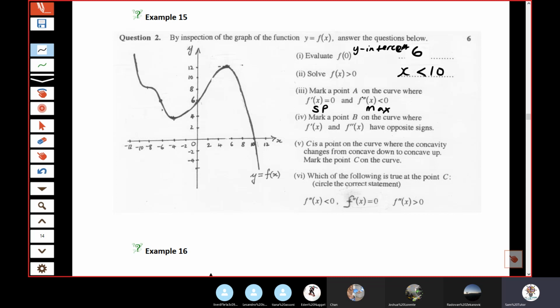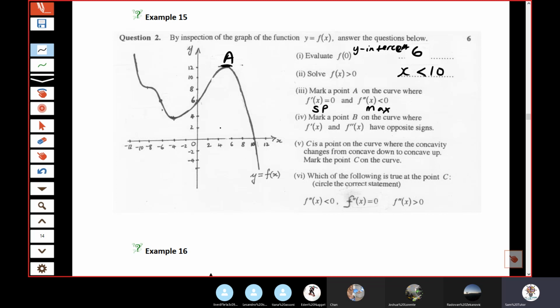So, pretty much mark A where there is a maximum. Which is where? I think A at 6 or at 4.5 or 5, whatever. Good?